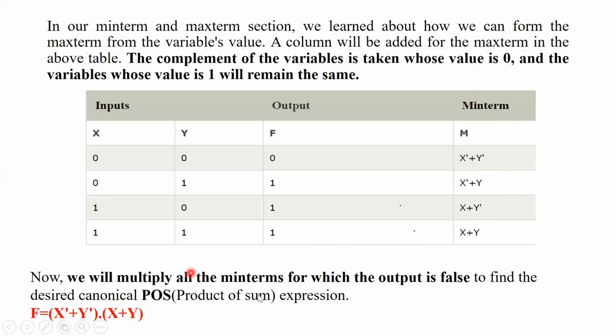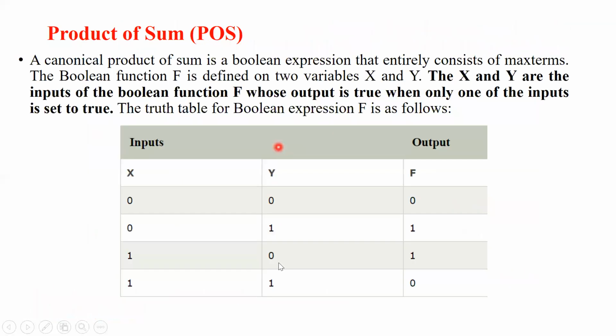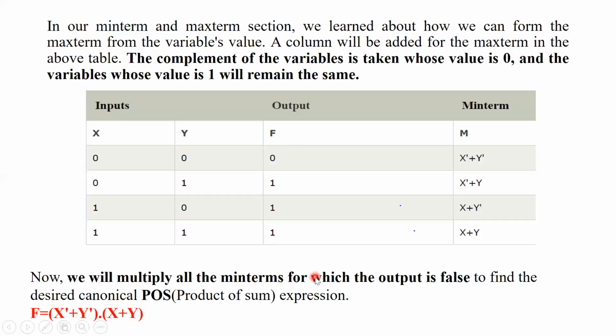And this you have to remember, product of whose terms? For which the output is false. So here it is 0, here also 0. The previous table, they have made a mistake there. So here it will be 0. So we will be ending here today.